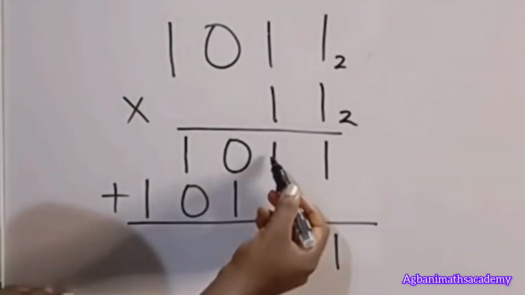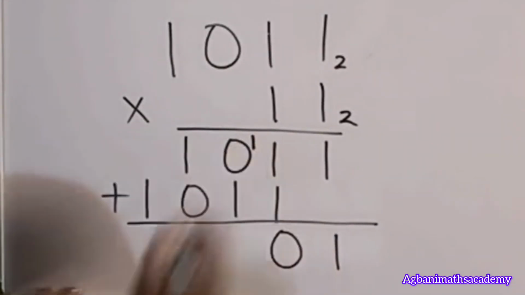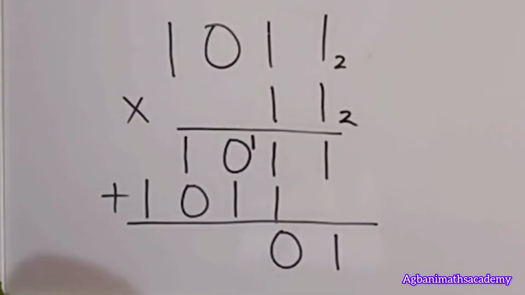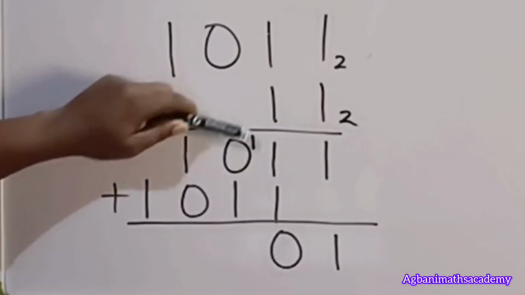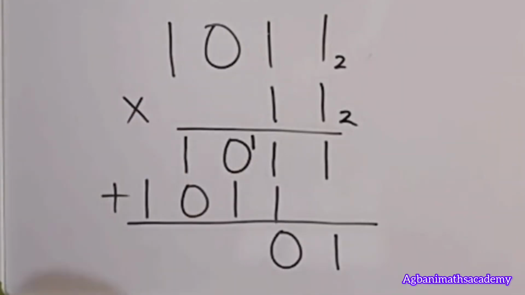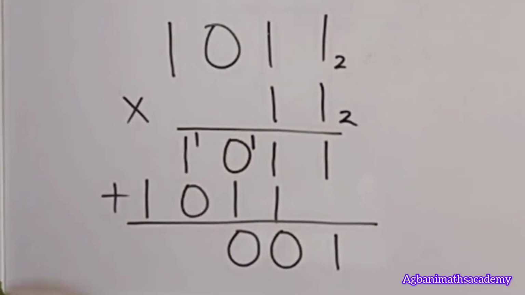So 1 plus 1, instead of writing 2, we are going to write down 0 and bring 1 this way. Next, 1 plus 0 gives you 1, plus 1 gives you 2. We have already confirmed that 2 base 2 is equal to 1 0 base 2, so we write 0 and bring 1 here. 1 plus 1, 2, plus 0 is 2, but we need to convert it, so it's 1 0 base 2.